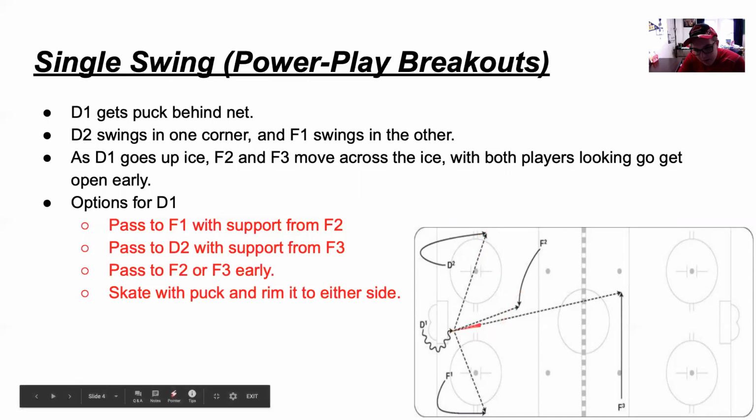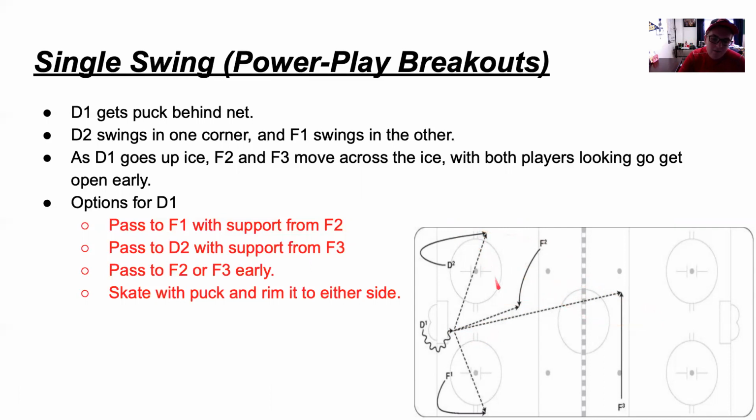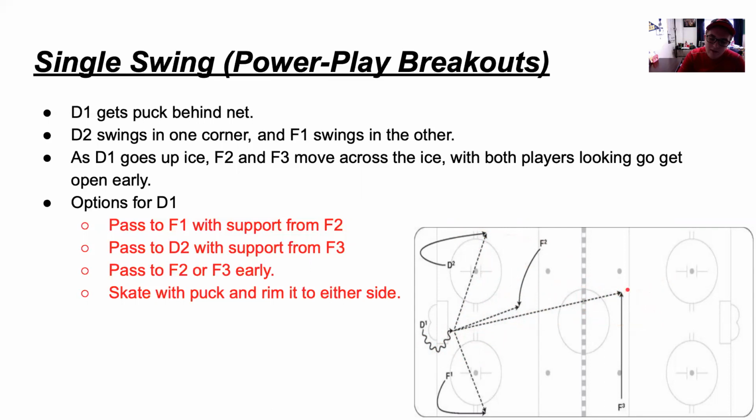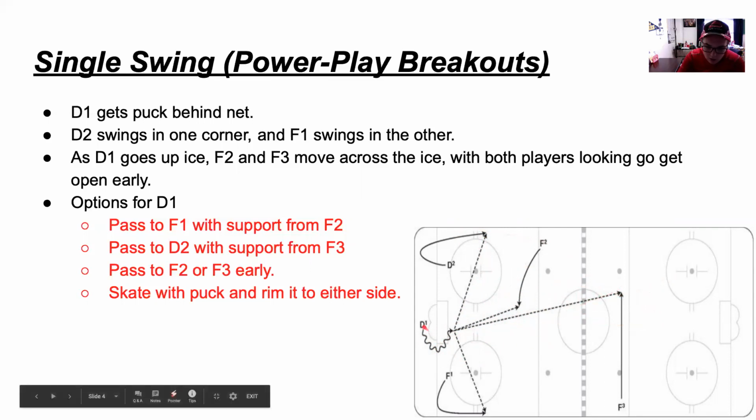F3 can go up here too and help D2 when it's skating up the ice. D1 can pass to F2 or F3, so make a quick pass, give and go, or make a long stretch pass to F3, so they don't waste more time, or D1 can pass to F1 and they go up, with support from F2. So we're always going to have a supporter there from the wing.